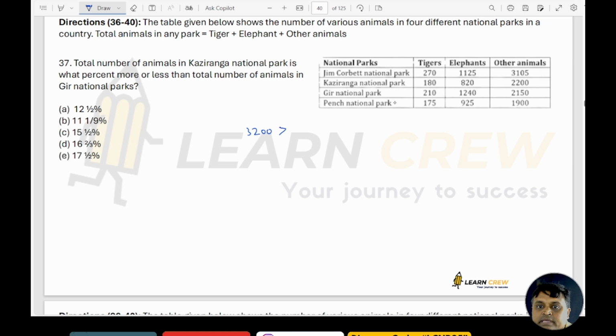What about Gir National Park? 1240, 1440 plus 2150 is 3600. So 3200 is less than 3600 by how much percentage? 400 by 3600, that is 1 by 9. 1 by 9 means option B.